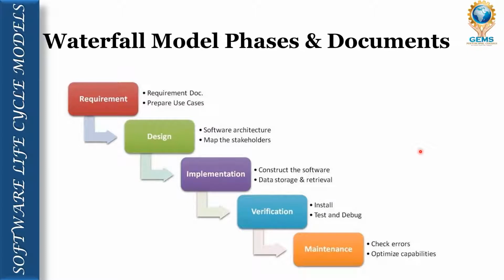Now, what are the documents needed in each phase of the waterfall model? So for requirement, we use a document that is called prepare use cases. Then for design, we are going to prepare a document that is called designing document specification. For requirement, we have an SRS. So SRS is software requirement specification. For designing, we have a designing document specification.